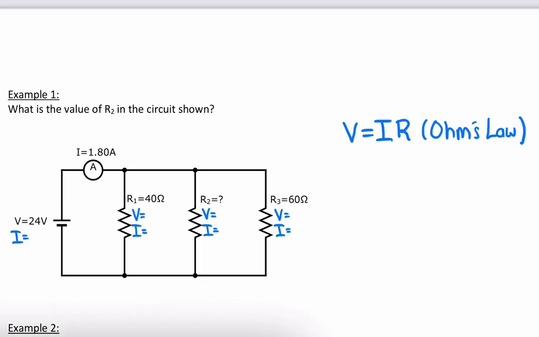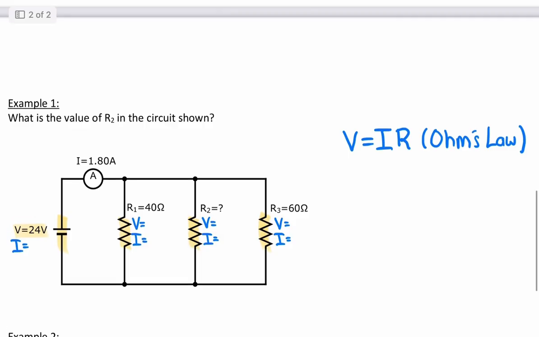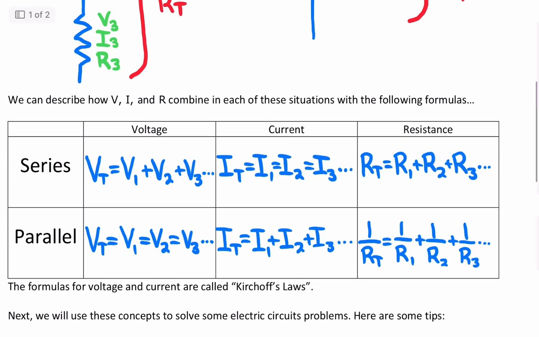So let's look at voltages first. I do have one voltage that I know, and that's this voltage here of the power supply. So does that help me fill in any other voltages? Well, since all of these are in parallel with the power supply, and we know that in parallel, voltages have to be the same, over here, in parallel, voltages are all equal to each other.